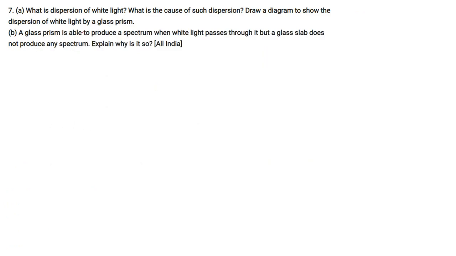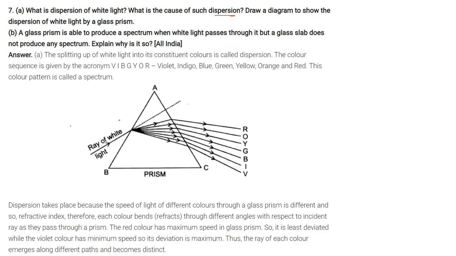What is dispersion of white light and what is the cause of such dispersion? Draw a diagram to show the dispersion of white light by a glass prism. So the splitting up of white light goes from V to R, VIBGYOR: violet, indigo, blue, green, yellow, orange and red.